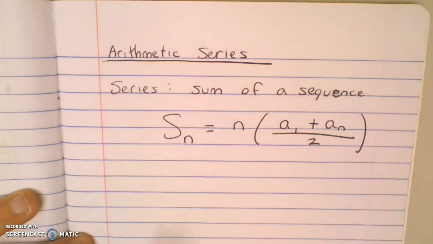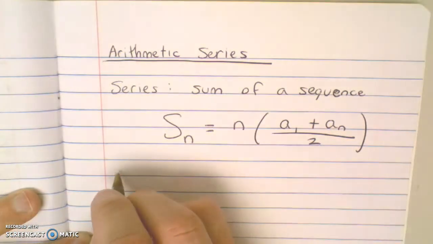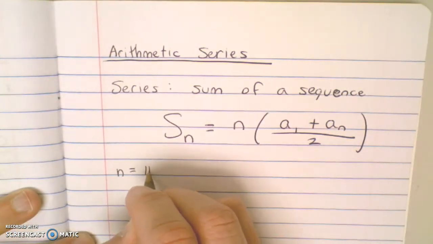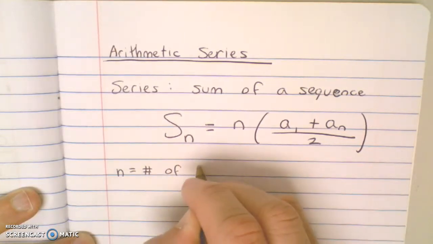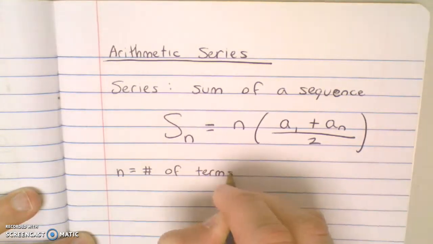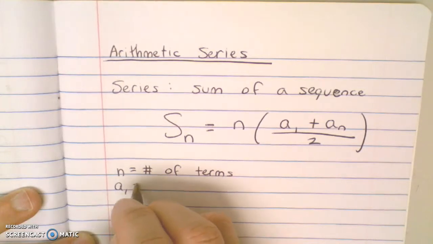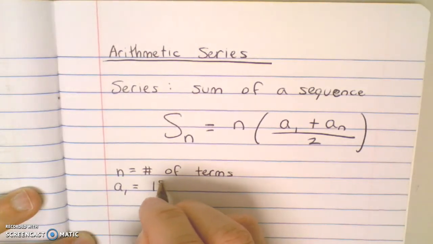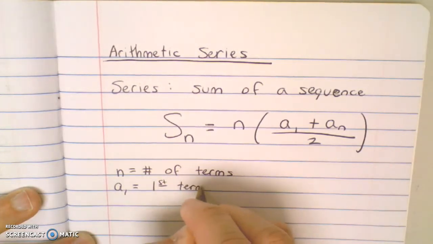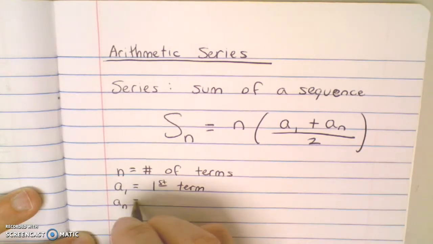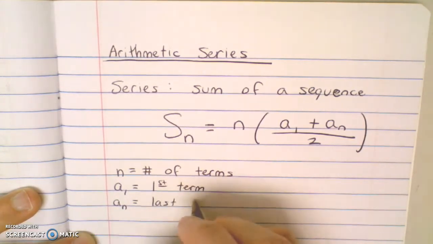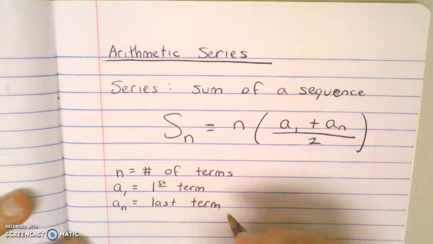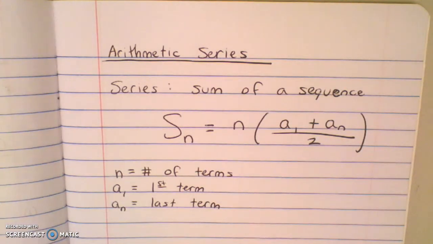So to find the sum of a sequence, we use this formula where n is the number of terms. A sub 1 should be familiar, that should be the first term. And then a sub n is your last term. So if you know the first term and the last term and the number of terms in your series, you can use this formula to calculate the sum.